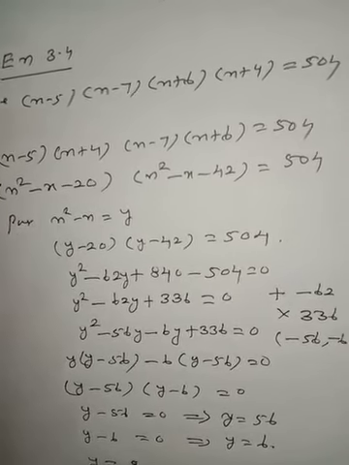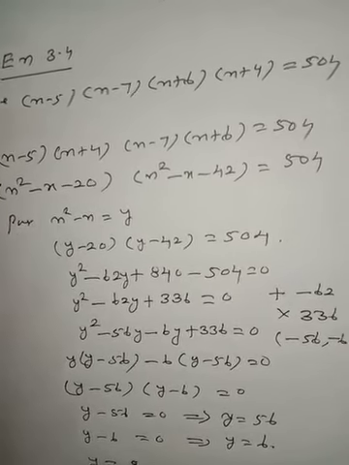Case number 1, when y is equal to 56. So x square minus x is equal to 56. x square minus x minus 56 is equal to 0. This is a quadratic equation having two roots.